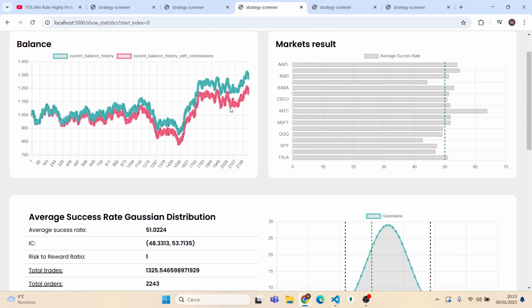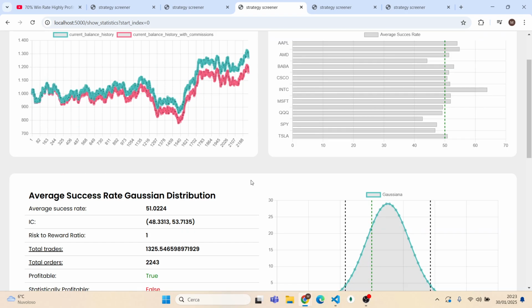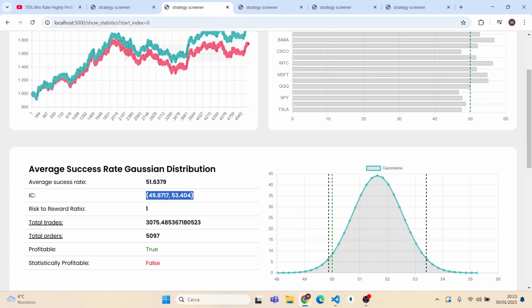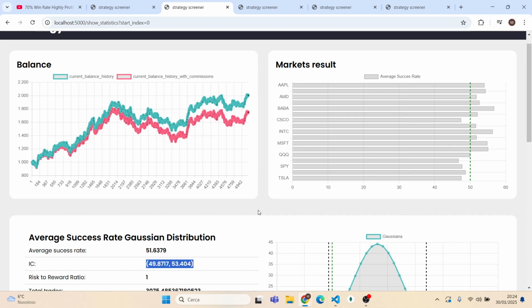So we can see the test dataset here: the average success rate on the test dataset is 51.02, and as you can see, it's in the confidence interval we calculated before at 95% sureness. So it would have been located here, the test average success rate, so pretty good. We can say that the strategy is not overfitted.